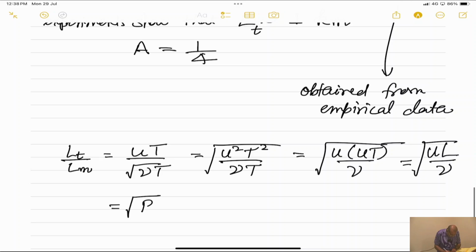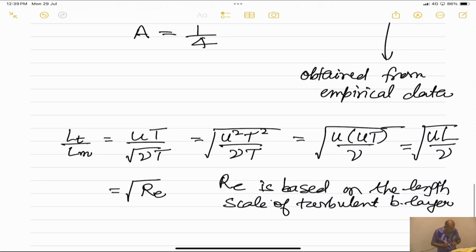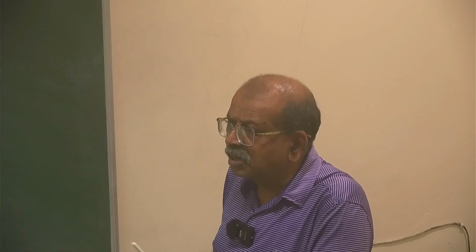So this becomes equal to square root of Reynolds number, where Reynolds number is based on the length scale of the turbulent boundary layer. And this again shows the point which we were saying: the turbulent length scale, which we have shown in terms of numbers, one is 1 kilometer, other is 40 centimeters, goes like square root of Reynolds number.